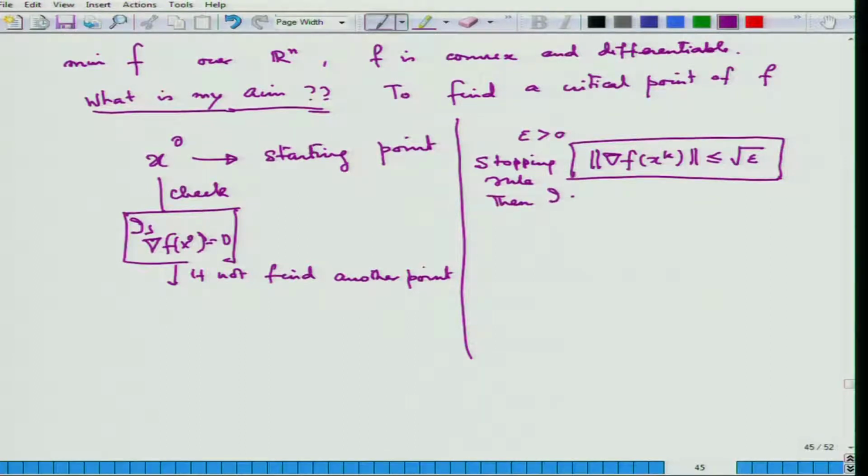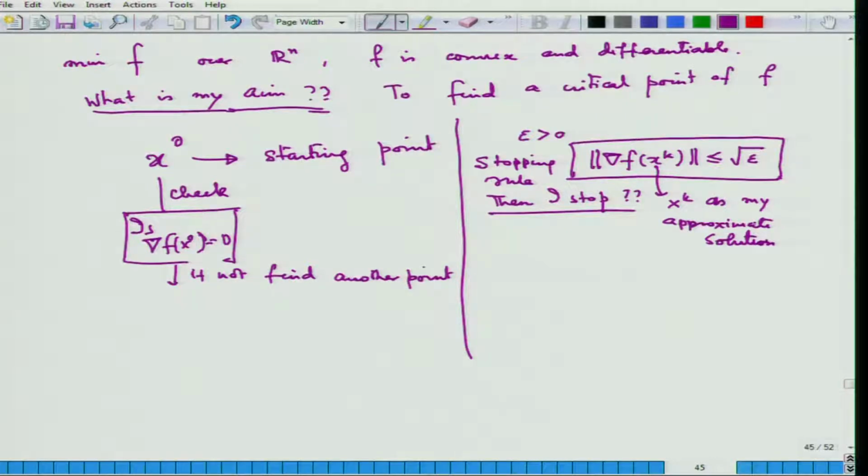Then I stop and choose x k as my approximate solution. It is not the exact solution, but it is an approximate solution which has made me happy, that is all.